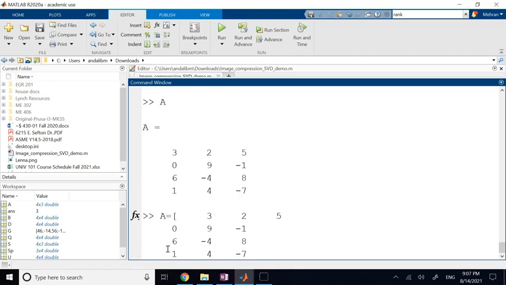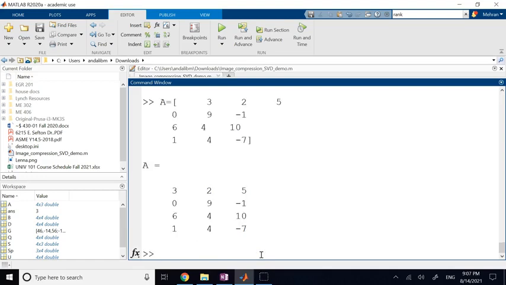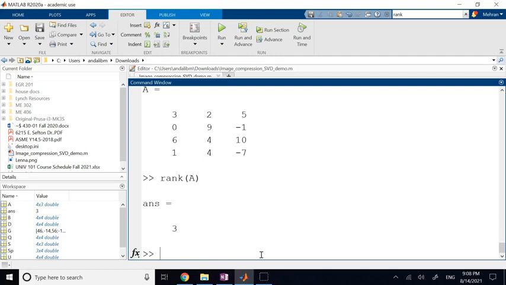So let's say here, I make the 3rd column twice as much as the 1st column, so it's 6, 4, and then 10. So now clearly your 3rd column is 2 times the 1st column, right? And now this guy should not have full rank, so if I run rank A on it, you see it is still rank 3.